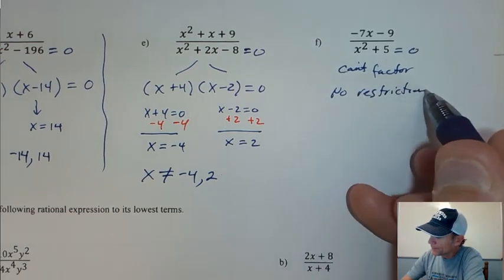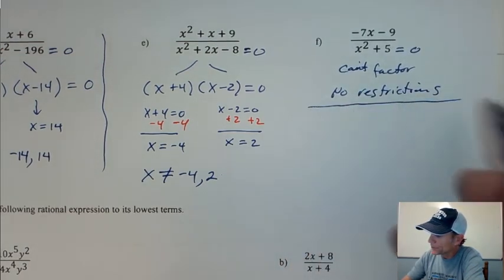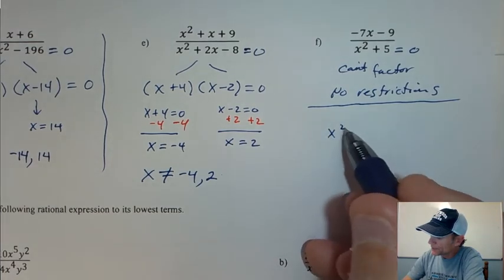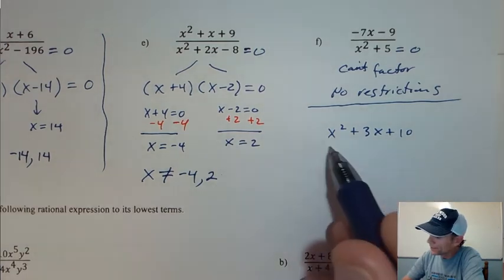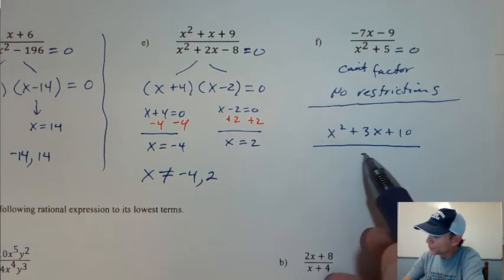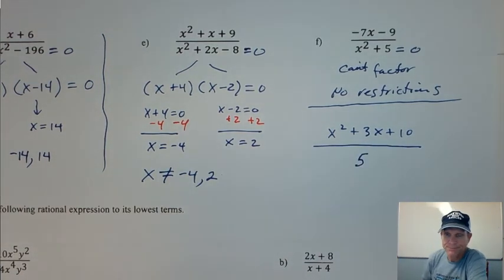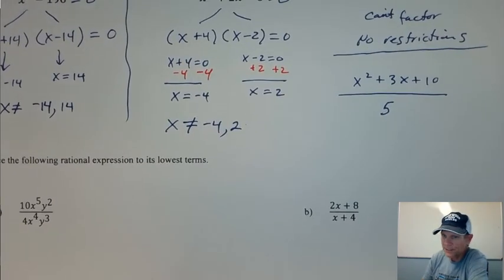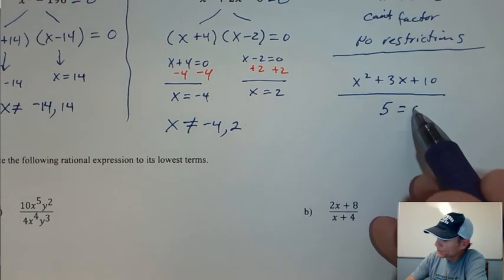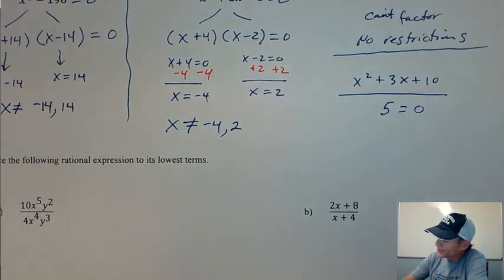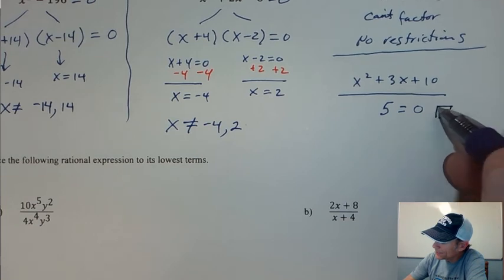Okay, and on that thought, I want to just show you one that you might get. You might get something that looks like this. Say that's your numerator, and then you just have it over a plain old number like 5. And it asks for the restrictions. Well, if that's the case, set the bottom equal to 0. That just leads to a contradictory statement, okay?